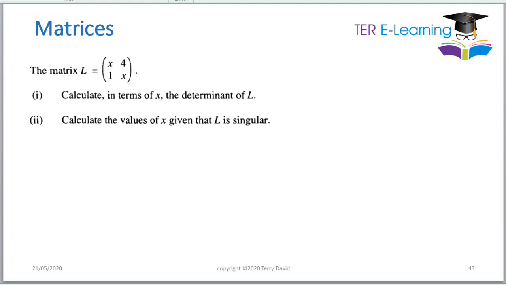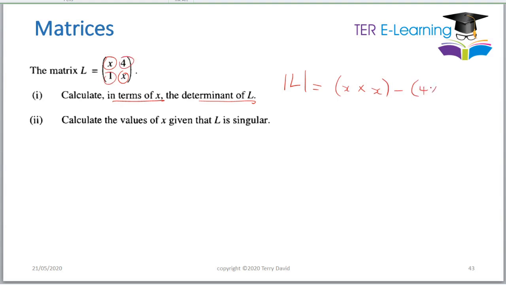Alright, so I've seen John and Emily saying x squared minus 4. So the question wants, calculate in terms of x the determinant of L. Right? So the determinant of L is written like this, and it's equal to, remember you have to take A by D. So it's x multiplied by x minus, we're going to have to take the 4 and multiply by the 1.